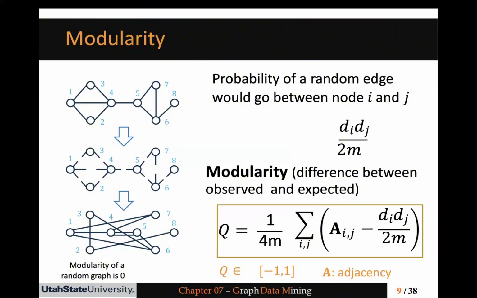Okay, so now we're going to move on to talk about the concept of modularity. Modularity is a way for us to quantify how good the communities are that have been detected using some community detection algorithm.